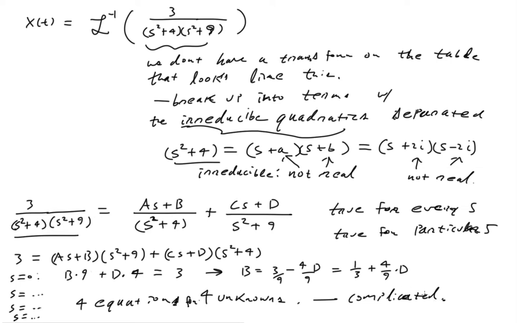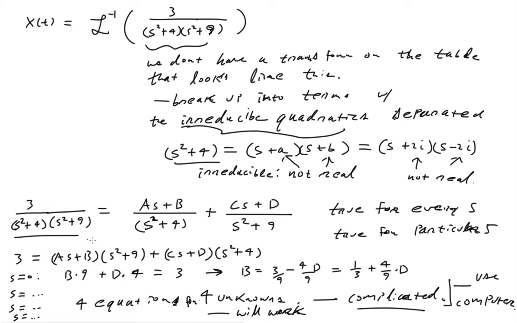What we want to do now is ask ourselves if we want to continue down this path. It definitely would work. It will work. But again, it'll be complicated. You're probably going to want to use a computer. Otherwise, you're going to spend the next 10 minutes with me, maybe 15 minutes, solving this thing.